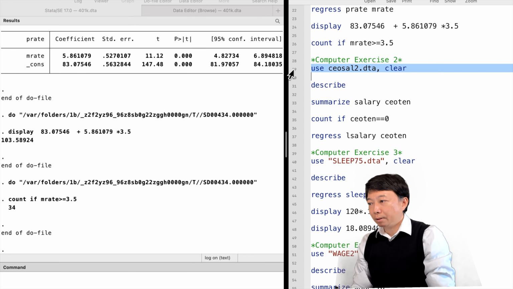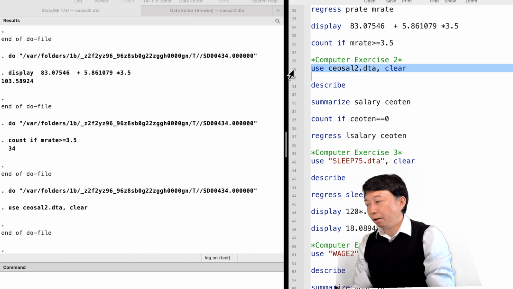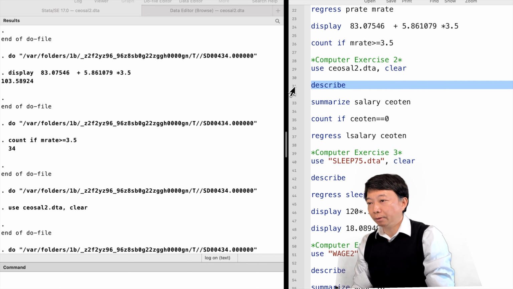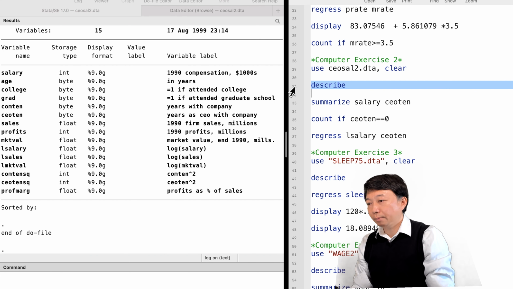We describe the dataset and find the variables salary and CEO10. Salary is annual compensation in thousands of dollars, and CEO10 is the years as CEO in the company.